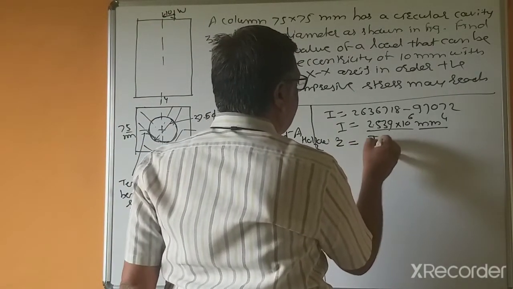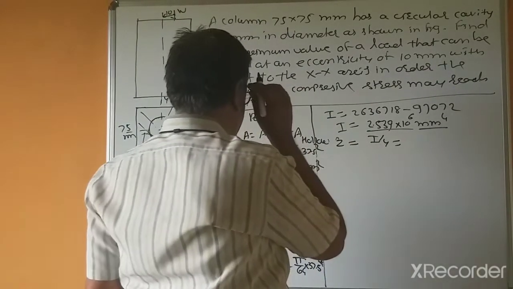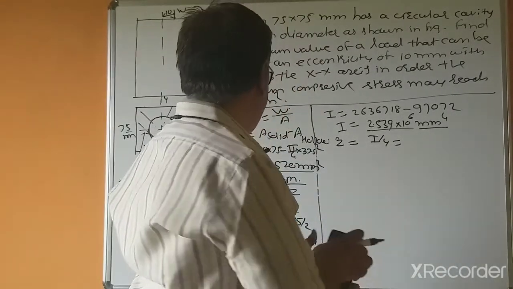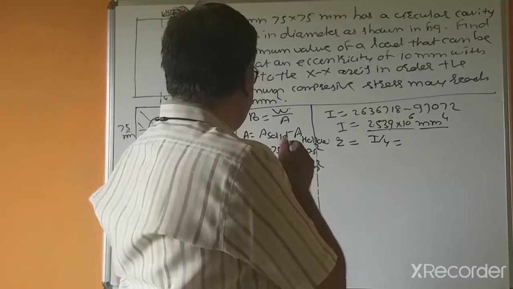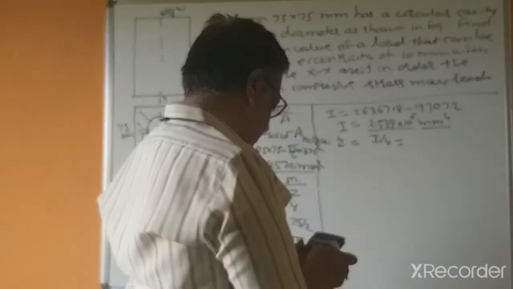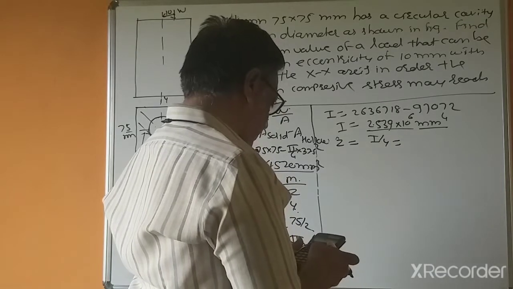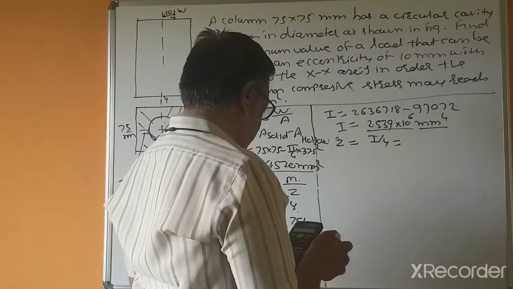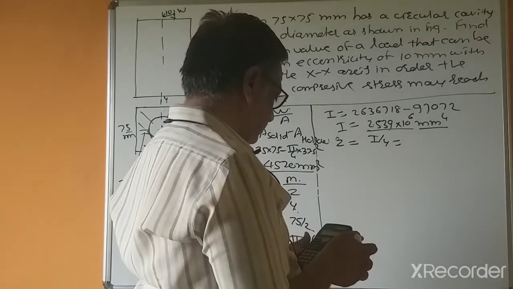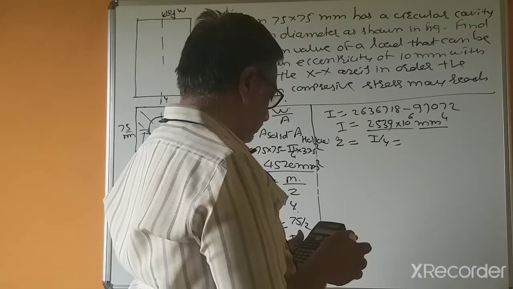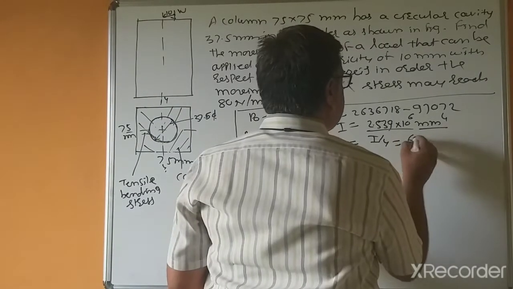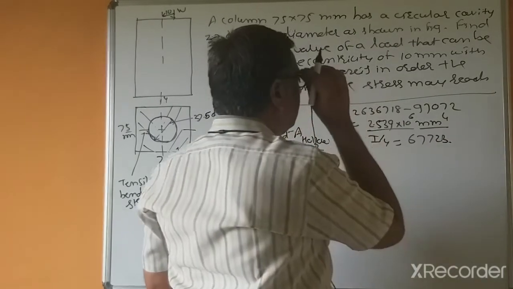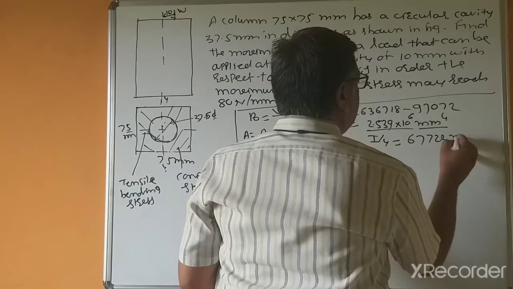Section modulus I divided by y, 2.539 divided by y, where y is 75 divided by 2, equals 67,723 mm cubed.